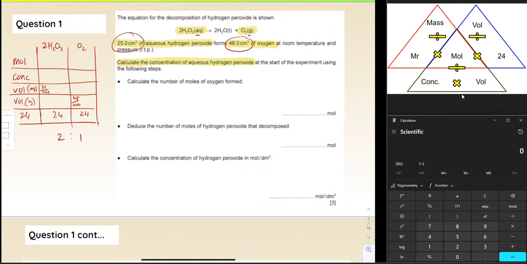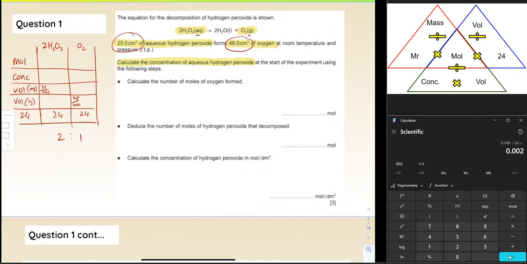So now what I can do is I've got 2 in this column, so I can calculate the third. I've got my vol and my 24, so I just need to do 48 divided by 1,000 to get into decimeters cubed. Then I can divide by 24 because that's what my triangle tells me to do.